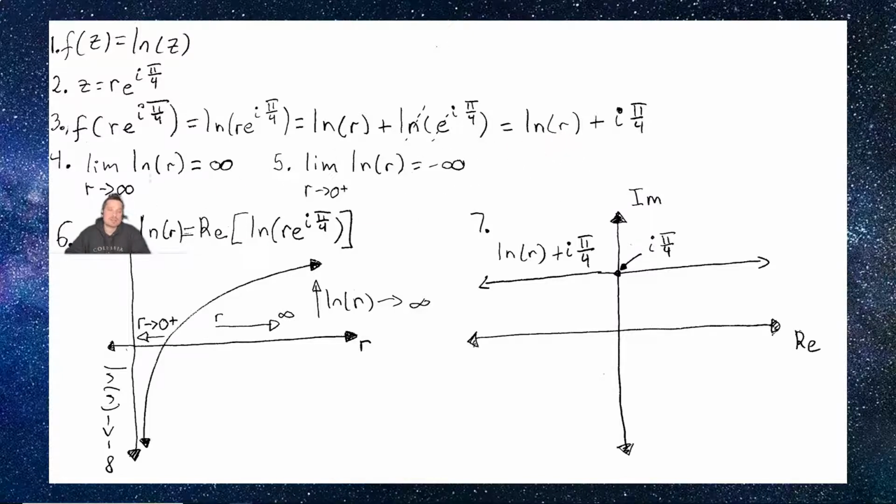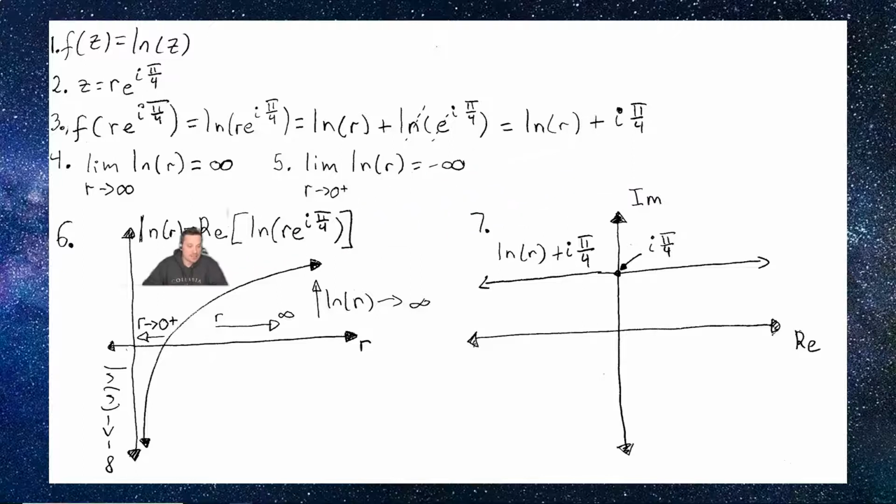So what I'm going to do is take some limits. The limit of ln of r as r approaches positive infinity is infinity. The limit of ln of r as r approaches 0 from the right is negative infinity. Why am I looking at the limits? Because remember that ln of r is the real part of our output complex number, so I need to understand what's happening.